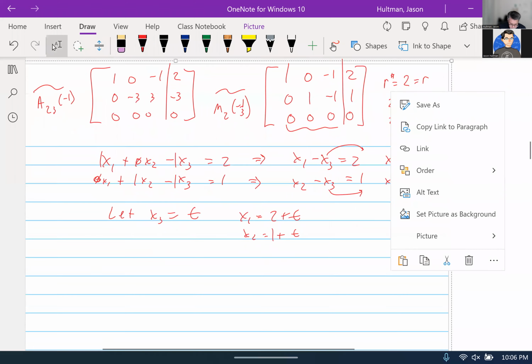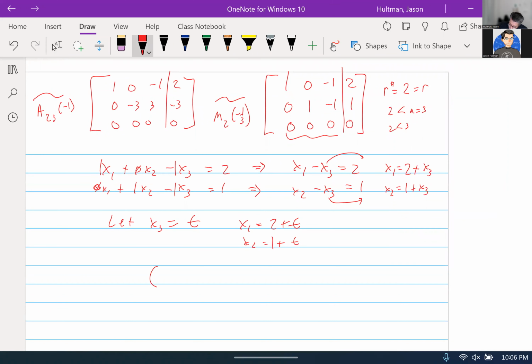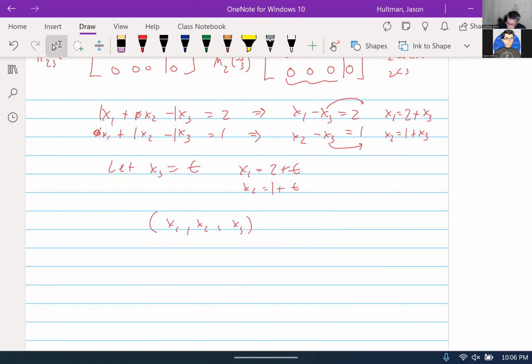And so when we rewrite this, we say that the solution is x1, x2, x3, but we're going to write that in terms of t. So x1 is 2 plus t, x2 is 1 plus t, and x3 is, in fact, t. We say this is 2 plus t, 1 plus t, and t, where t is an element of the real numbers.